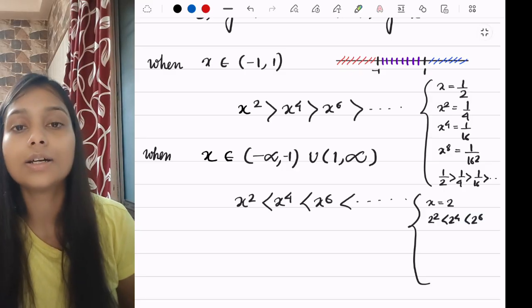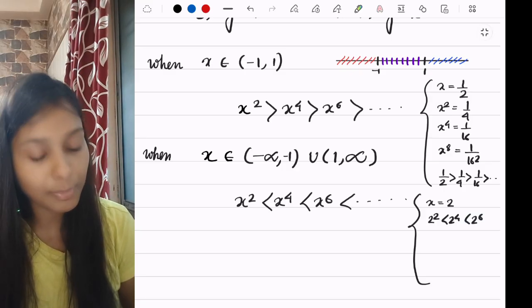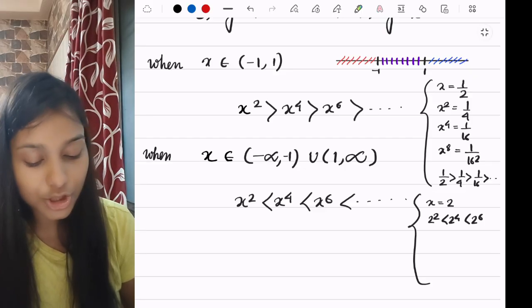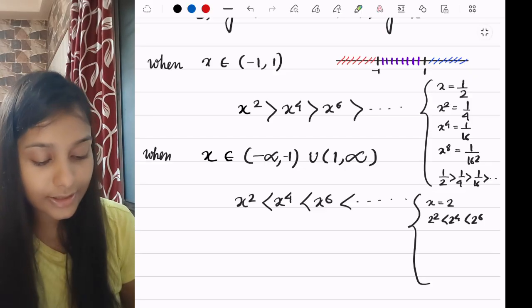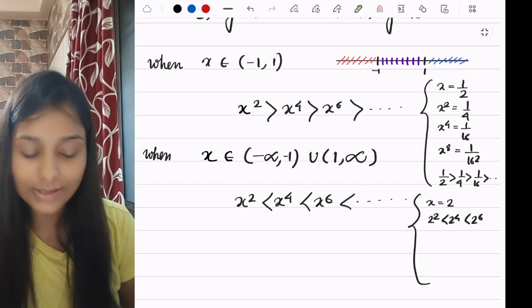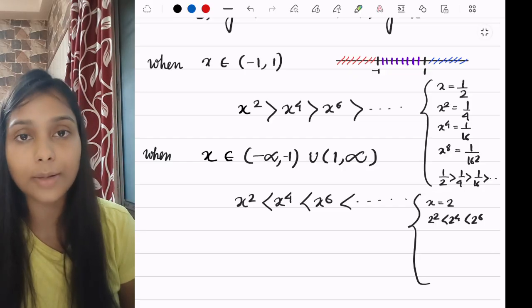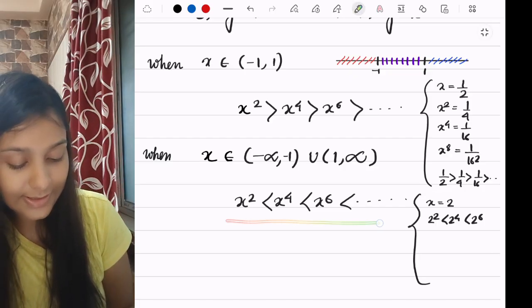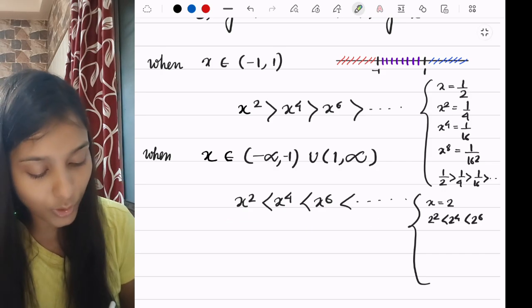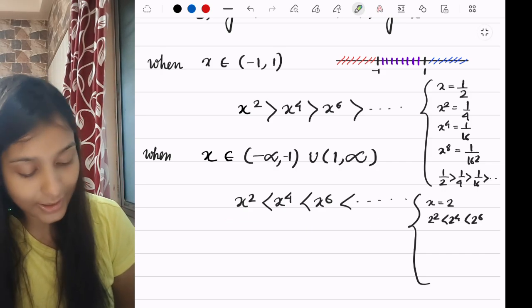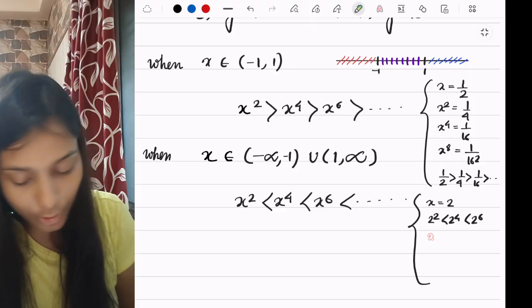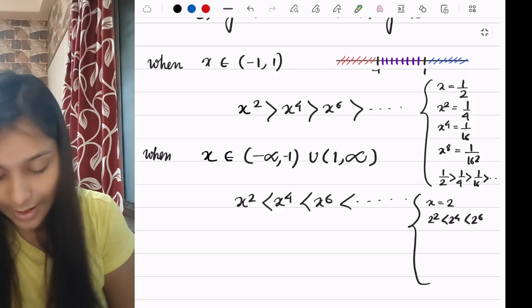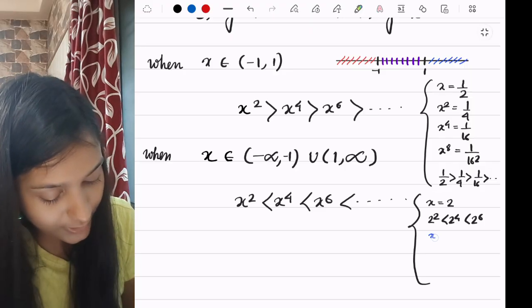So as the power increases, the functions also increase in the interval minus infinity to -1, union 1 to infinity. So here we have this inequality. And similarly for -2, what happens?